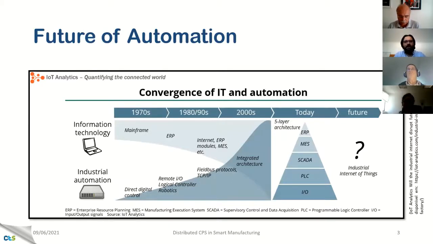And since the 70s, we saw that the technologies are mixing together, and currently we have an integrated architecture. So nowadays in the factories and in industrial environments, we have the application of this 5-layer architecture, also known as ISA 95. And now we need to go to the next step.